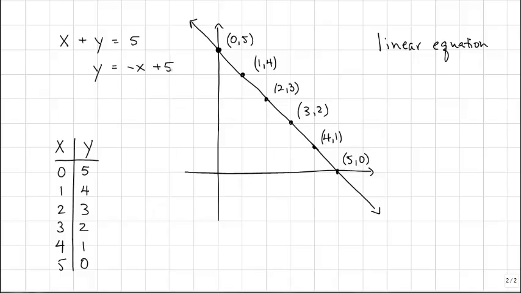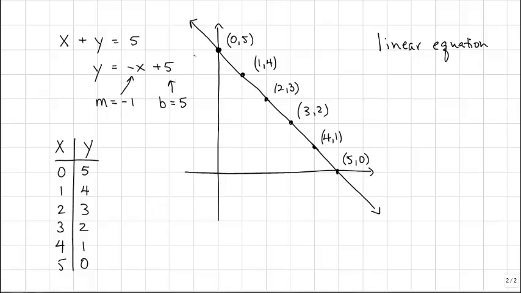And we refer to this way of writing the equation as slope-intercept form. Now, why do we refer to it as the slope-intercept form? Well, it turns out that the coefficient on x, which is -1 here, corresponds to the slope of the line, and the plus 5 corresponds to the y-intercept, and we typically use the letter b to represent the y-intercept.